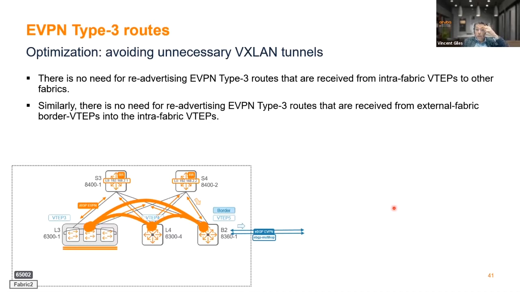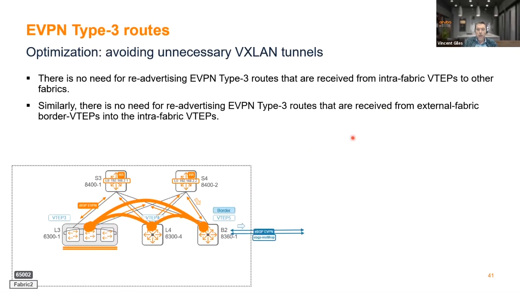And there is no need as well to receive that from the external sites for the external fabric, so the border here should not re-advertise to the route reflector the routes that are learned from the external border VTEP.